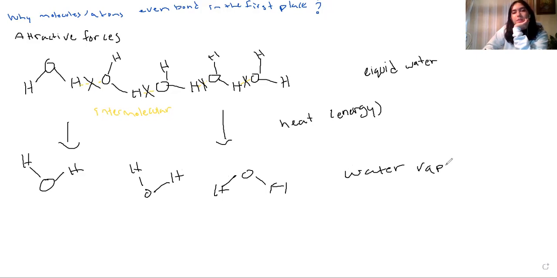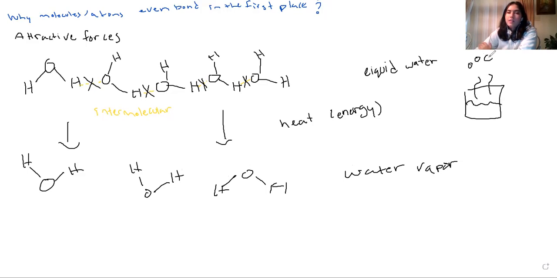So this is what happens when you're making pasta and you boil the water, and basically you have your liquid water and then it turns into gases. And these gases are further apart than the molecules in the liquid were. The molecules in the liquid were closer together because they were bonding.